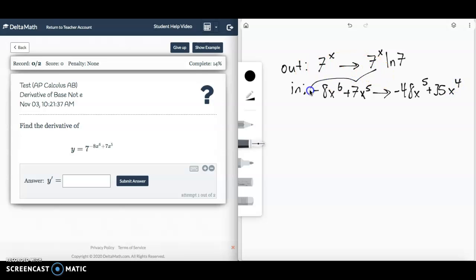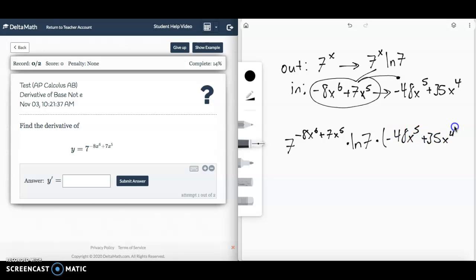Derivative of the outside, keep my inside the same, times the derivative of the inside. So 7 to the negative 8x to the 6th plus 7x to the 5th times the natural log of 7 times negative 48x to the 5th plus 35x to the 4th. And we can type that all in.